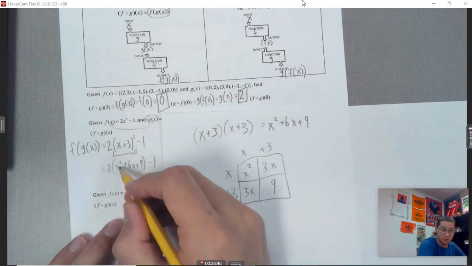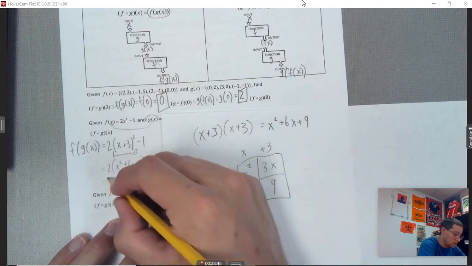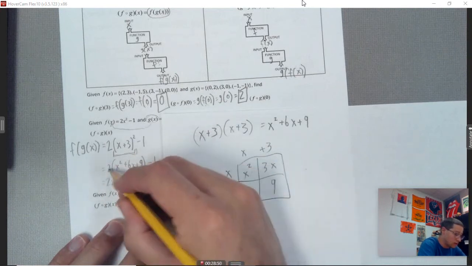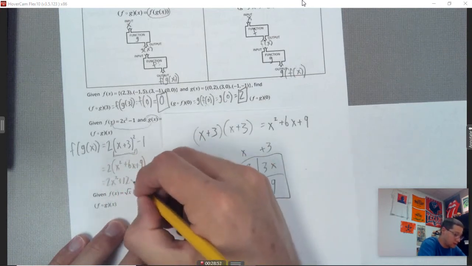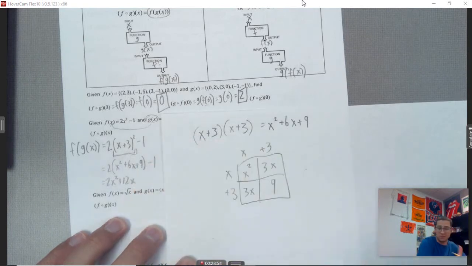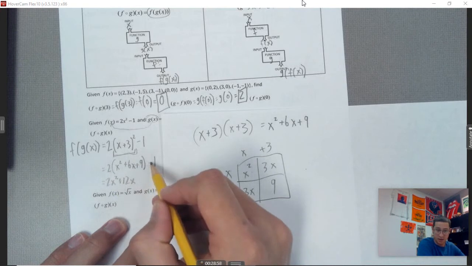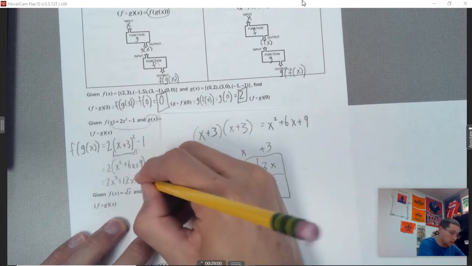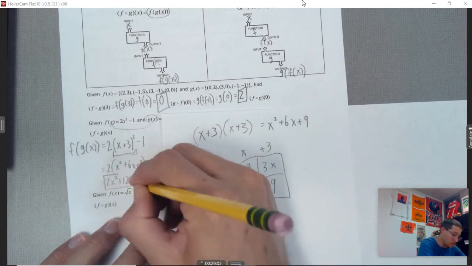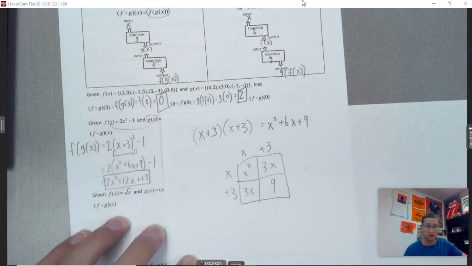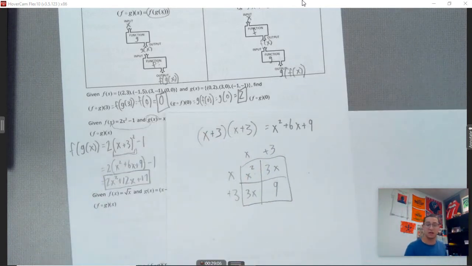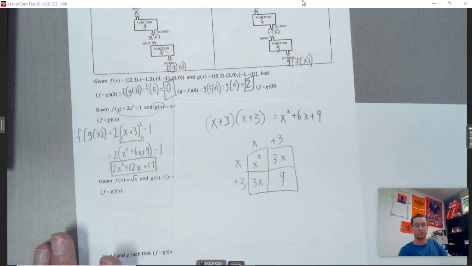I'm going to first distribute the 2, so 2x squared plus 12x. Then I'm going to combine some steps here. 2 times 9 is 18, 18 minus 1 is 17. So that function right there is f of g of x.